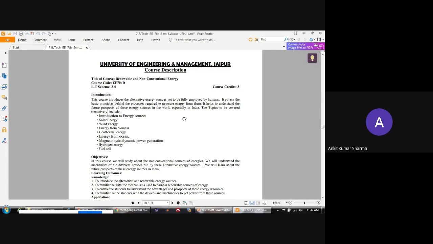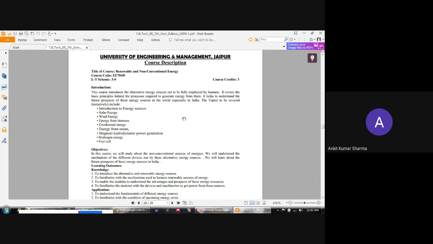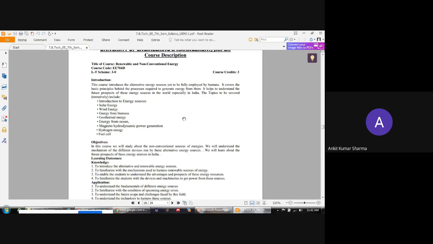So you can see here there are several modules in this subject, and the first module is related to the introductory part, the introduction to the energy sources.